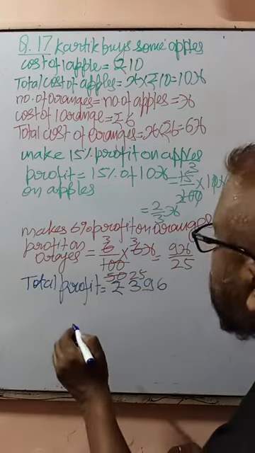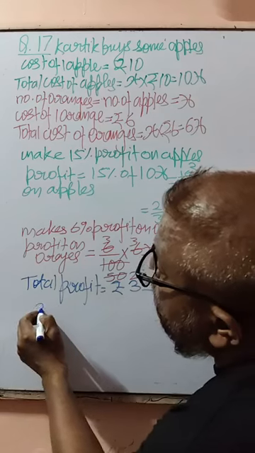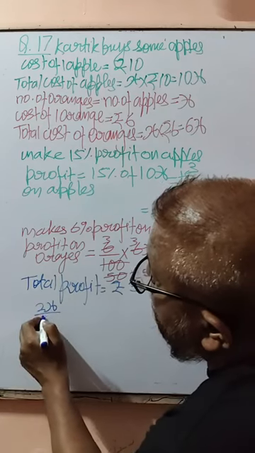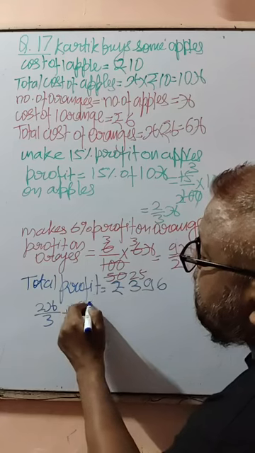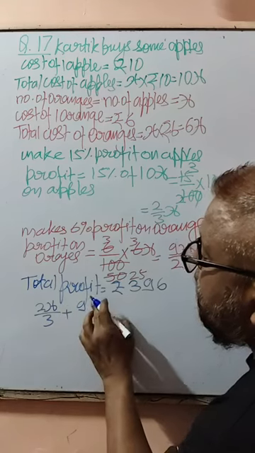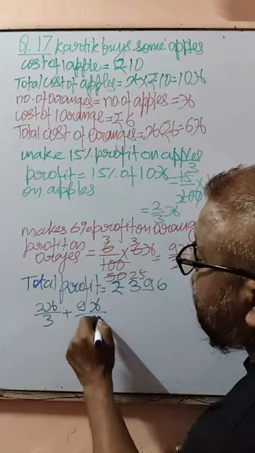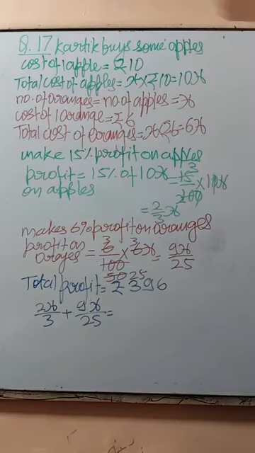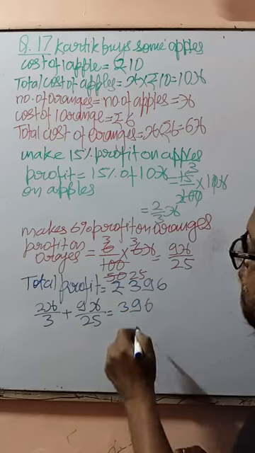So we have 2x upon 3 plus 9x upon 25 is equal to 396, right?